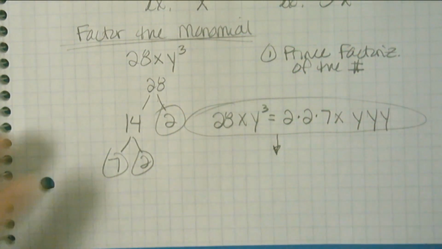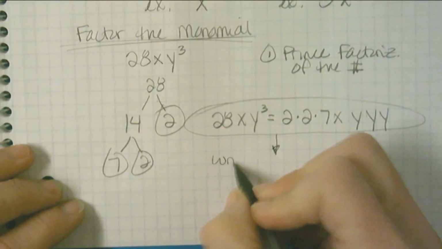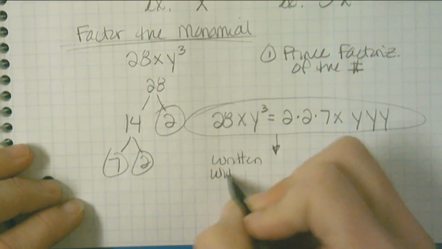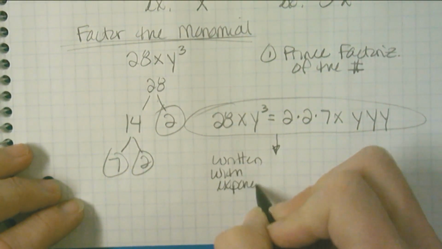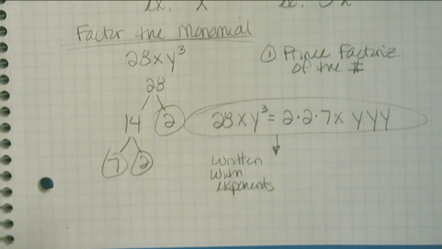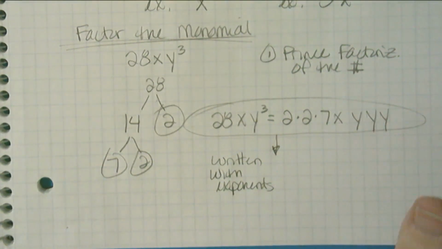All right, I do want you to leave that like that. However, we can write it with exponents. Now, I don't want you to for now, but you can, because when we get to greatest common factor and least common multiple, I want it written out like this. But if I did write that with exponents, what would it look like?